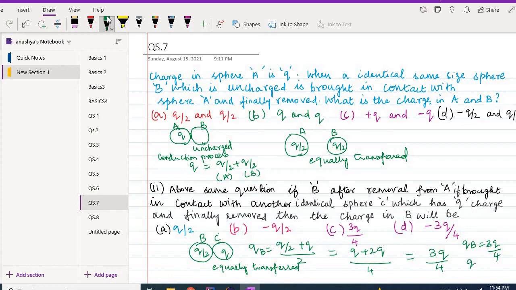After conduction and after removal, both have the same charge, 3Q by 4 each.